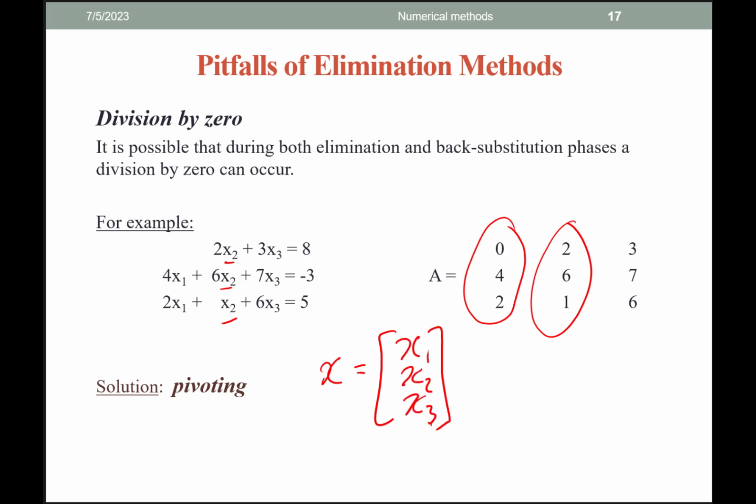If I switch column 1 with column 2, then I have to switch x2 and x1. So if you ever do have to do that, then make sure you follow this when you're solving, to keep track of what is the x1, what is the x2, and what's the x3. Any questions on this one?